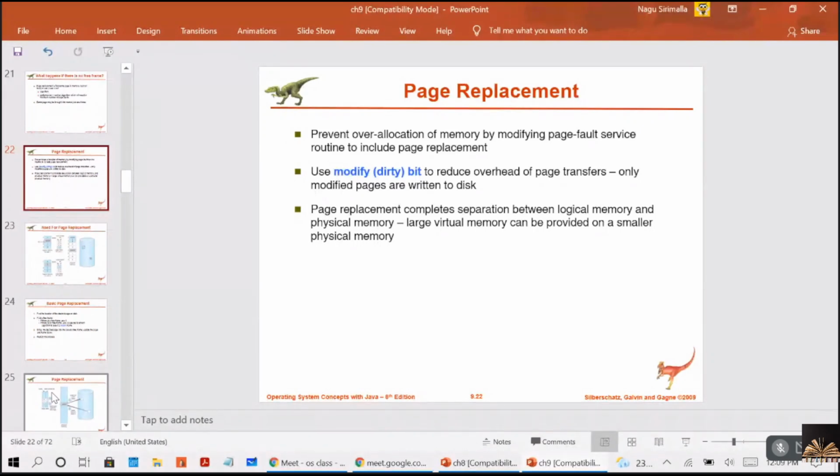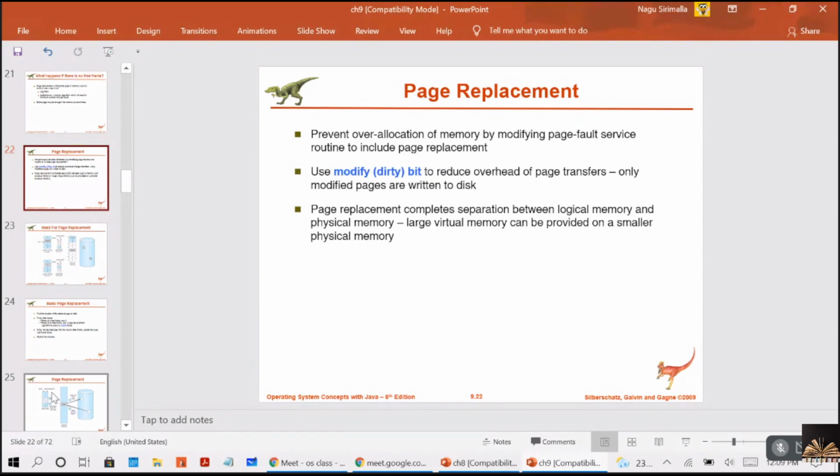Only modified pages will be written to the disk and updated. The remaining will simply be removed from main memory and not written to the disk, because they have no modifications.